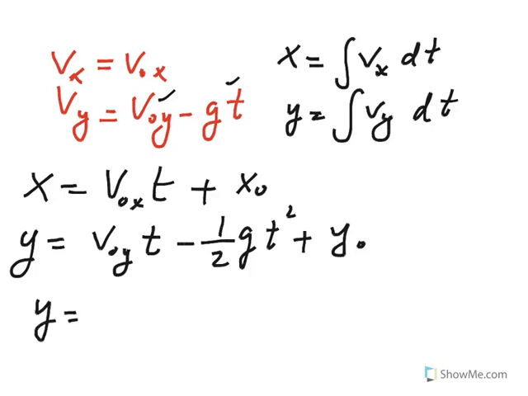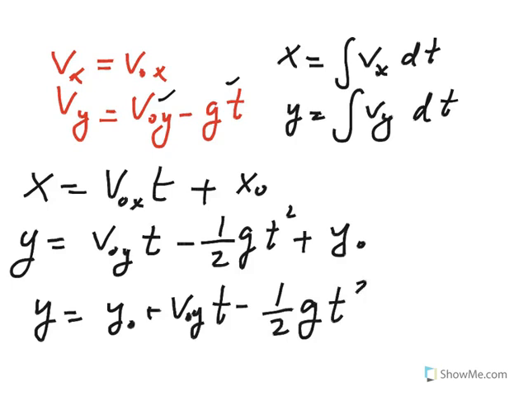Typically you would write y as y0, so you go in this order, plus v0yt minus 1/2 gt squared. Keep in mind that we've already considered the fact that gravity is negative, and you just put the magnitude of gravity, which is 9.81 meters per second squared, or 32.2 feet per second squared.